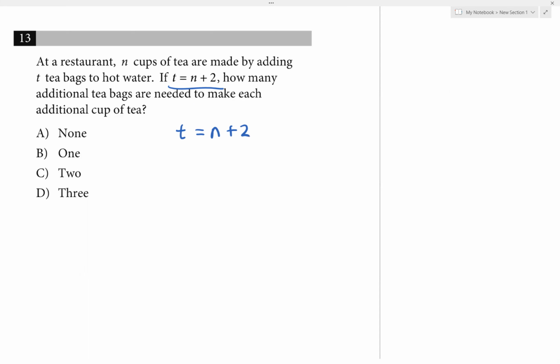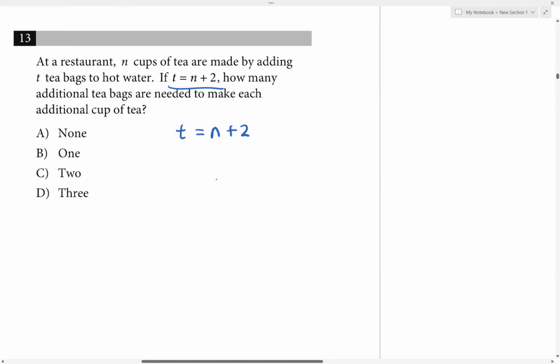So pretty much the number of cups of tea is the n value, right? And t is the number of tea bags. So they're saying if we want to make an additional cup of tea, the n value has to increase by 1. Then by what number does the t value increase?